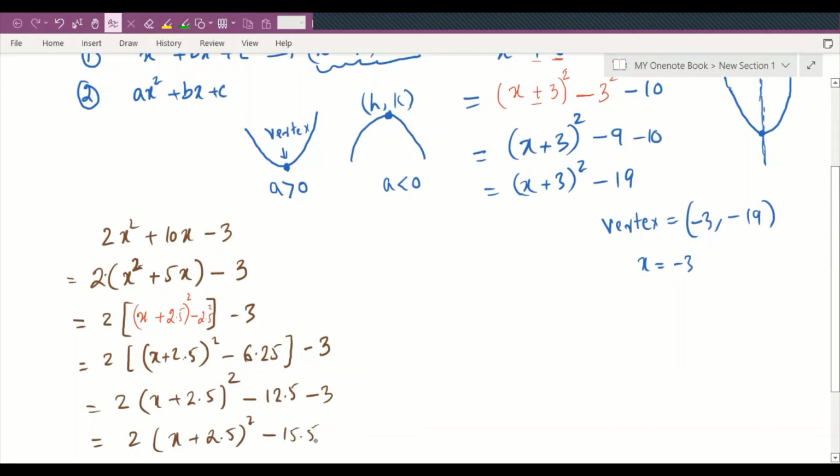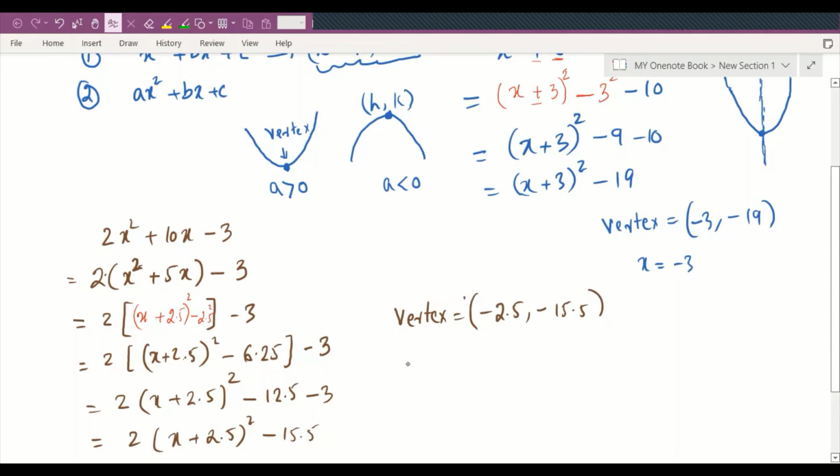Now we have expressed the given quadratic expression in completed square form. If we write the vertex of this parabola, the x coordinate will be negative 2.5 and the y coordinate will be negative 15.5.